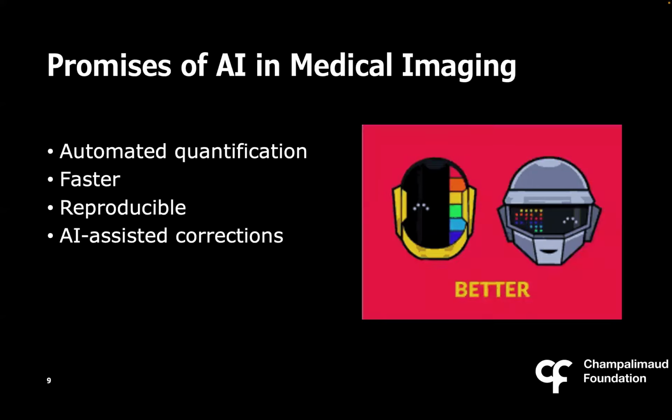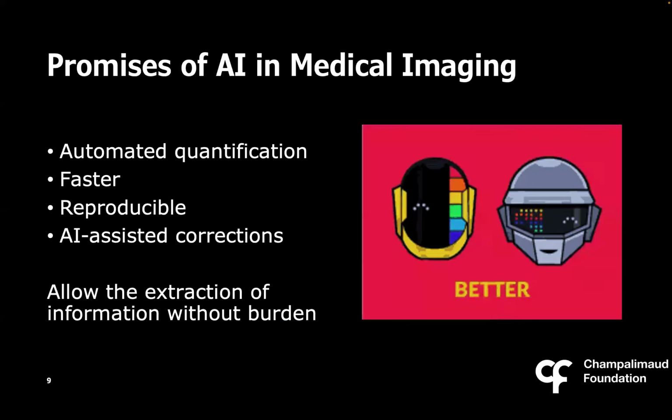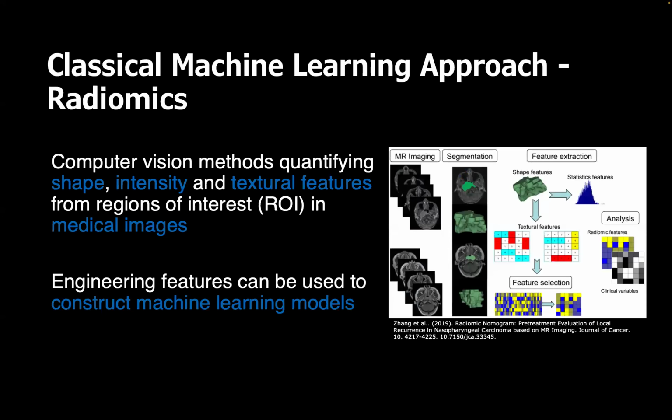So, as you may know, I'm preaching to those that already know this quite well. We have different ways of doing machine learning, and we have the classical machine learning, which in radiology we call radiomics. We delineate in an image a region of interest, a process called segmentation.